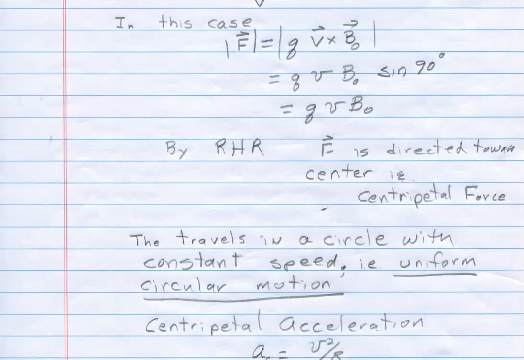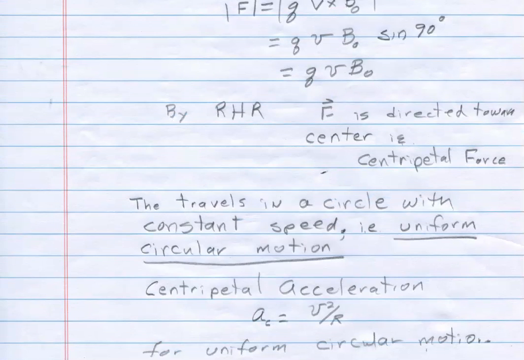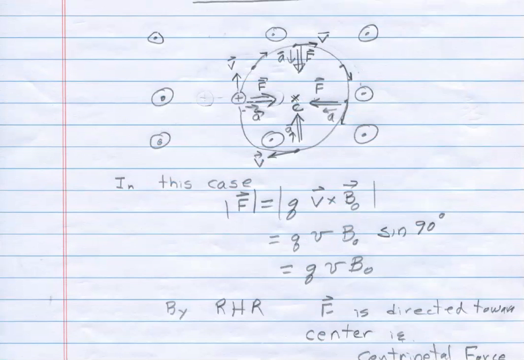Well, a centripetal force that's constant produces a circular motion, and in fact, we can compute the acceleration from F equals ma. If the force is constant, then the magnitude of the acceleration is constant.